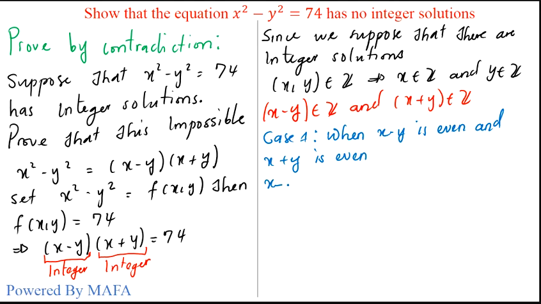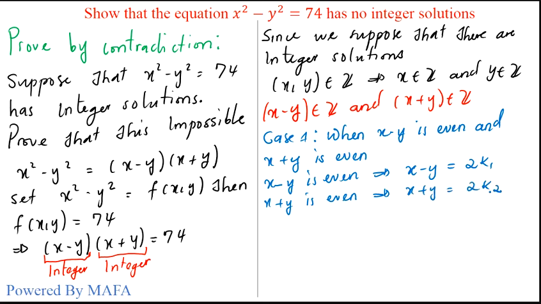Now x minus y is even means that x minus y can be written as 2 times a certain integer k1. And x plus y is even, therefore means that x plus y can be written as 2 times another integer k2.